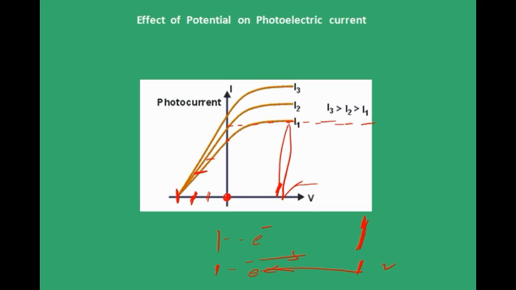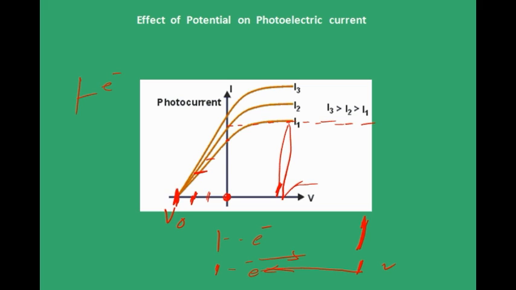Similarly, when you increase the voltage in the reverse direction, there will be a value V0, which is called the cutoff voltage or retarding potential. Beyond this, at least at this point, the current is zero, right? It means no electron emitted from this plate is able to reach the other plate.